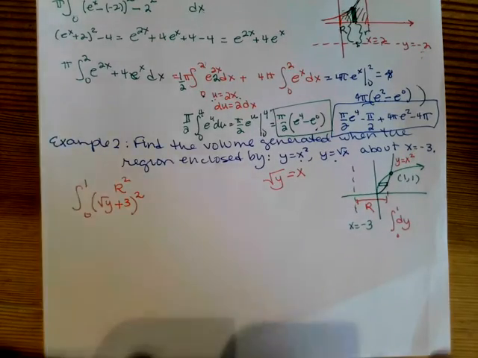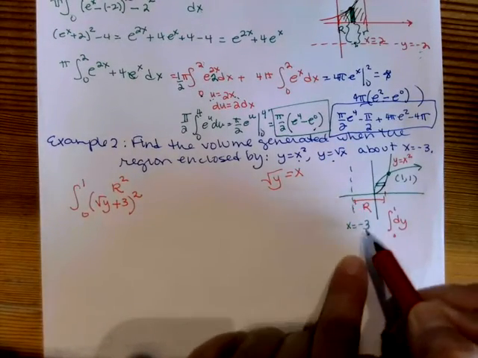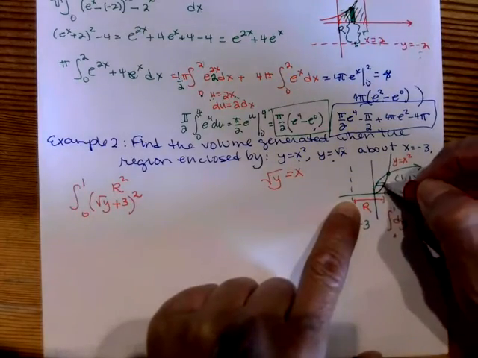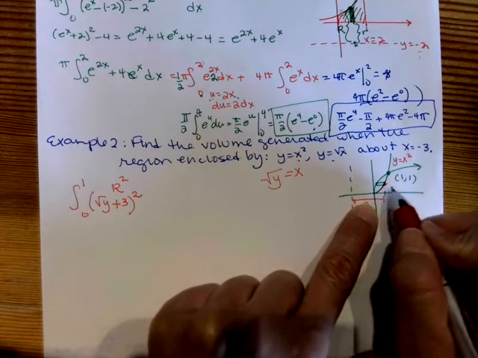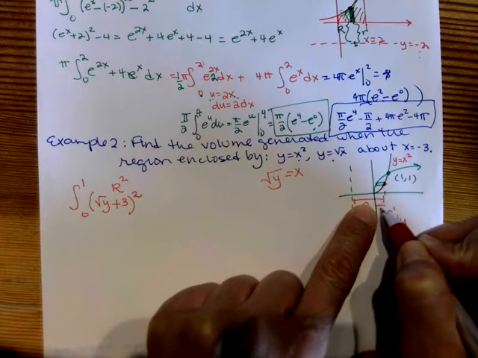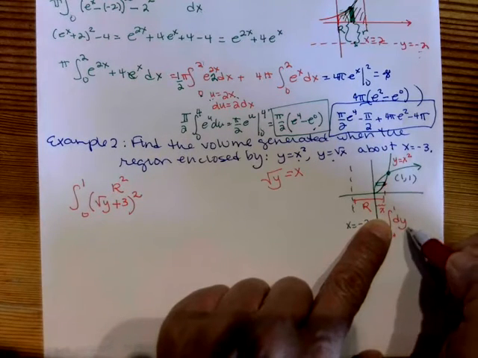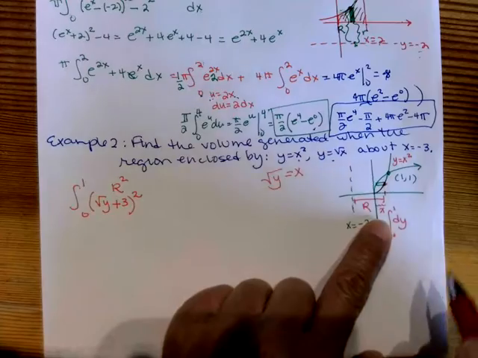So one more time, it's the distance from the axis we're spinning around to the outside. So I have the 3 plus the additional x value here. But for that x value, I want it in terms of y because that's my differential. It's with respect to y.